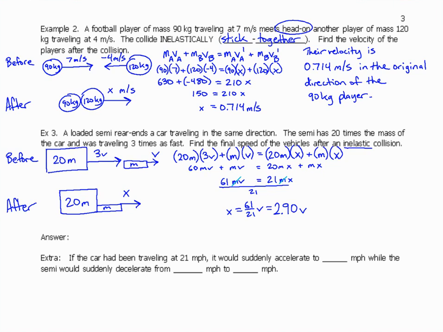And we don't know what the actual speeds were at the beginning. We don't know what v actually was. But here's the answer. Their final speed is 2.9 times the original speed of the car.